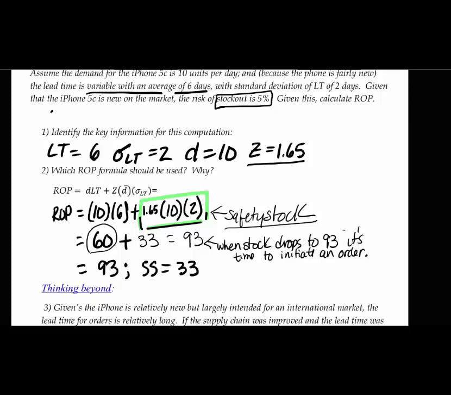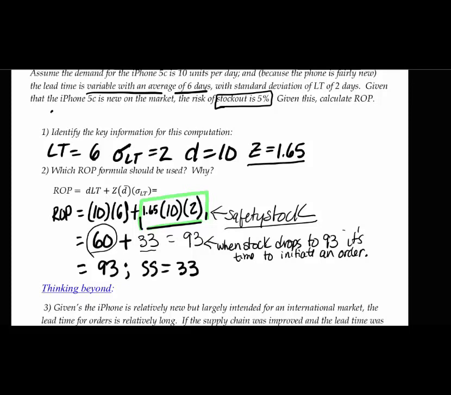But it also accounts for this in case we have some irregularities. Since we have a lead time of 6 days with a standard deviation of 2, then we know that 68% of the time, just right off the bat, that time could vary between 4 and 8 days.